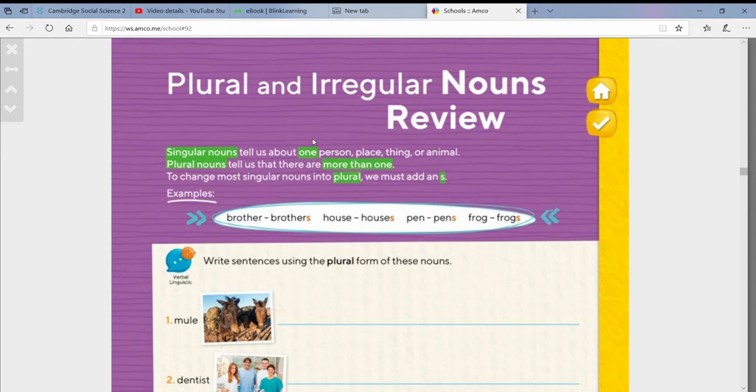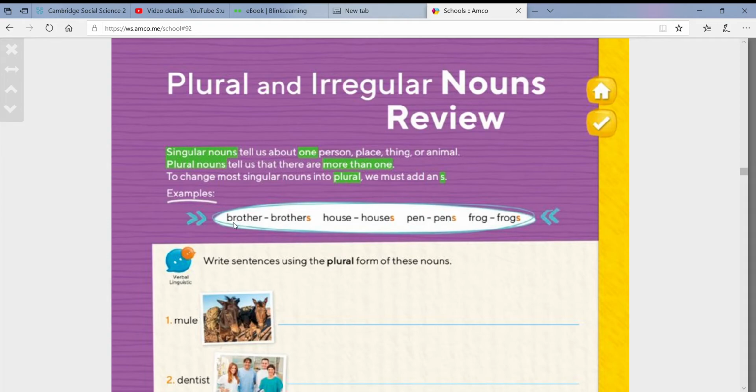Now, the rule to change most singular nouns into plural is that all we have to do is add an S. So very easy. So one girl, two girls. One boy, two boys. Okay, let's have a look at some more examples.